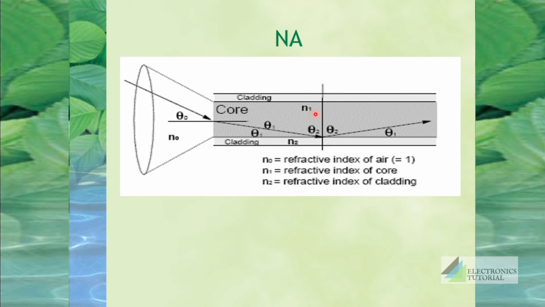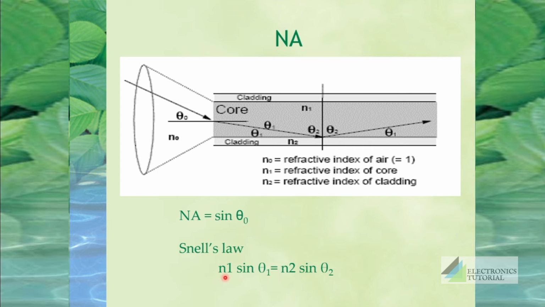The refractive index of the core is indicated as n1 and the refractive index of the cladding as n2. Here the numerical aperture can be expressed as NA equals sine theta 0. Deriving other expressions for numerical aperture, we will first recollect Snell's law. It can be generalized as n1 sin theta 1 equals n2 sin theta 2.